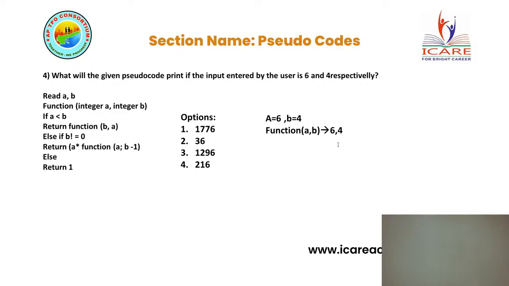Else if b not equal to 0. So b not equal to 0, the condition is true. So return a into function of a comma b minus 1.